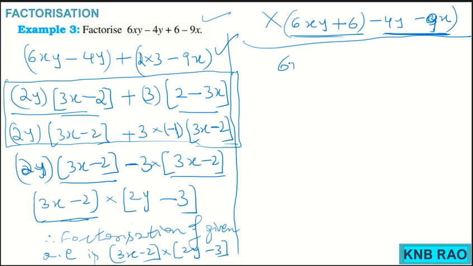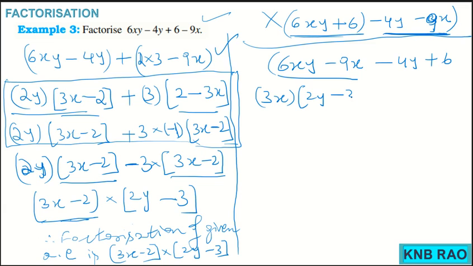Suppose I regroup 6xy with minus 9x, and minus 4y plus 6. Yes, there is a possibility. If I regroup these 2 terms, I have got 3x common. So, 3x times 2y minus 3.